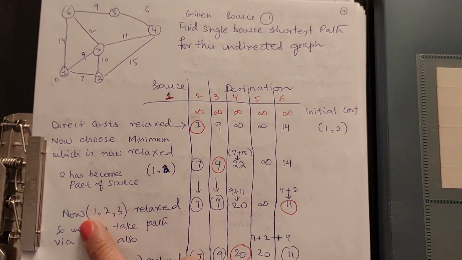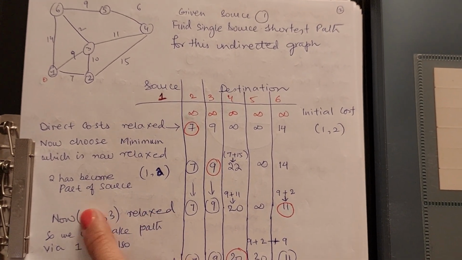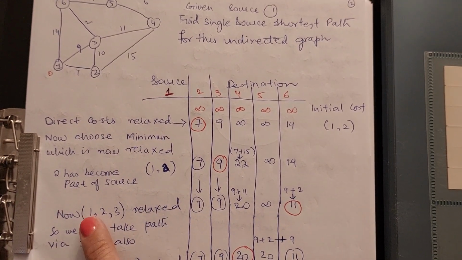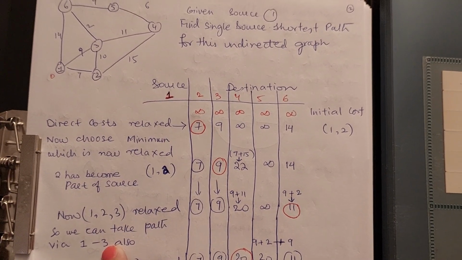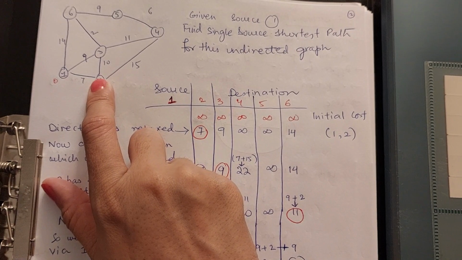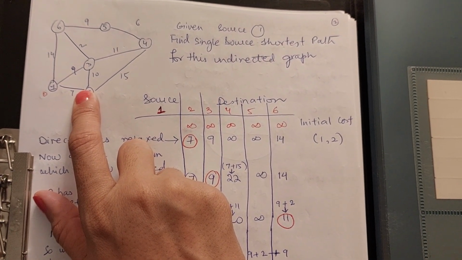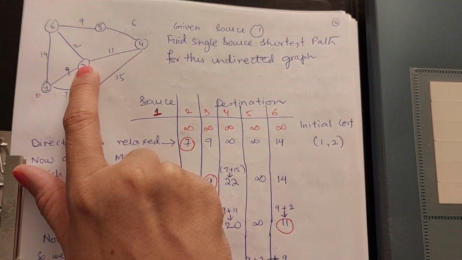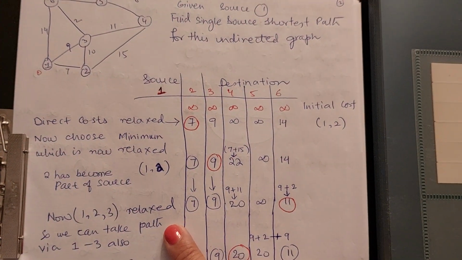So now these nodes 1, 2 and 3 have been relaxed, and these three nodes have become part of my source, right? So we can take a path via 1 and 3 as well, because 1, 2 and 3 have become my source. So now in the next steps to come, I am going to find out the direct connection of the other remaining nodes, either with this or this or this. All of them are available to me.